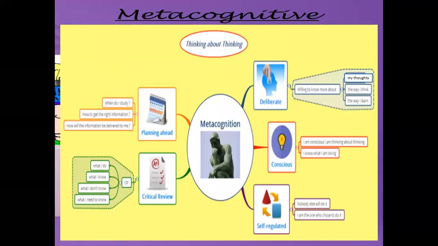This is metacognitive, thinking about thinking. From the metacognitive, you will be needing planning ahead, critical review, self-regulated, conscious, and deliberate. So if you are into your metacognitive already inside your thinking cap, you need to do these five, or you are already into these five.